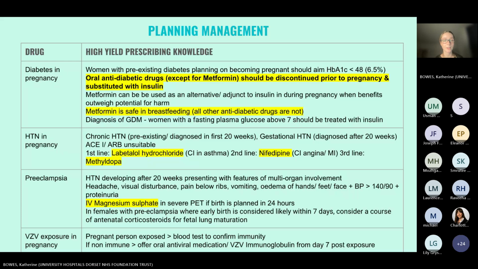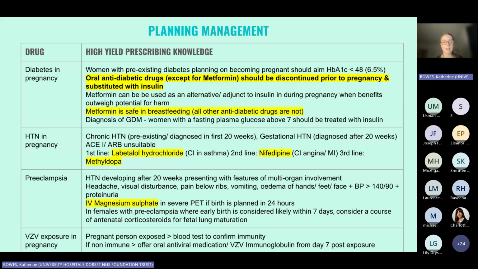Okay. So preeclampsia. So be aware of your common symptoms of preeclampsia, so headache, visual disturbances, edema, and a high blood pressure, and then protein in the urine, because you want to be able to spot that in the question stem. And IV magnesium sulfate is what would be given in preeclampsia.